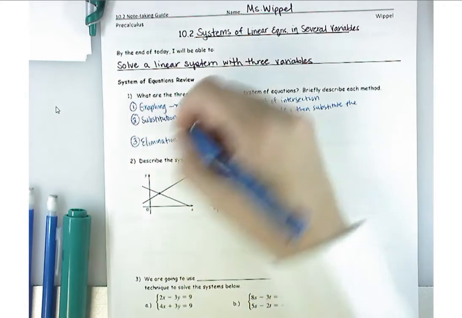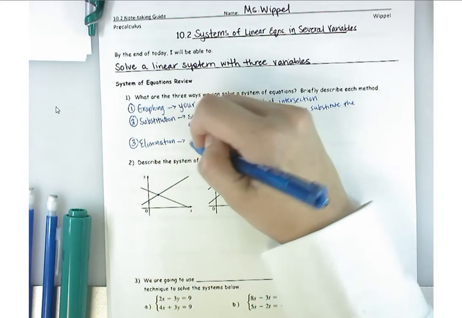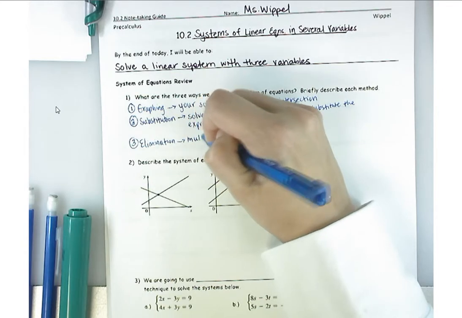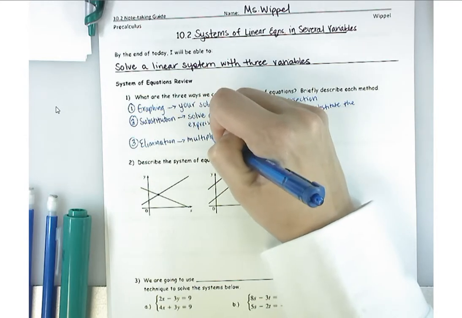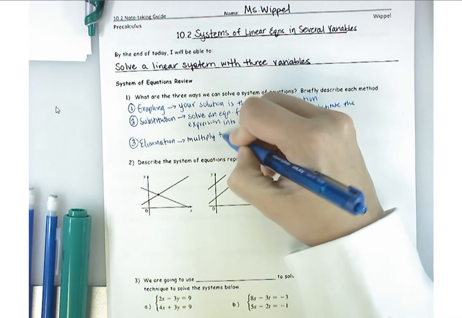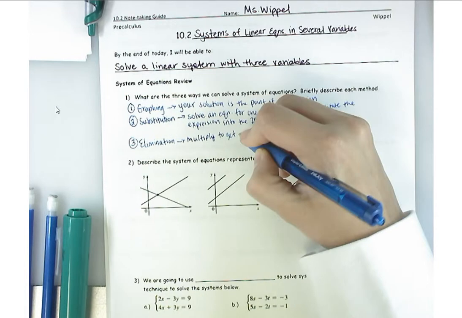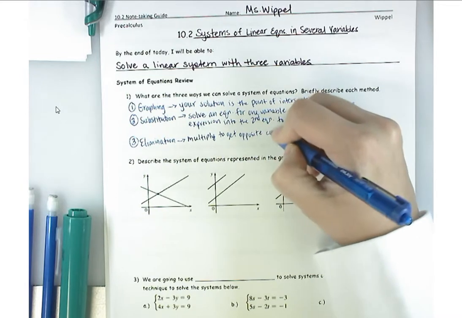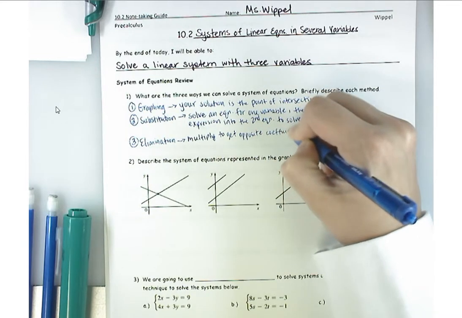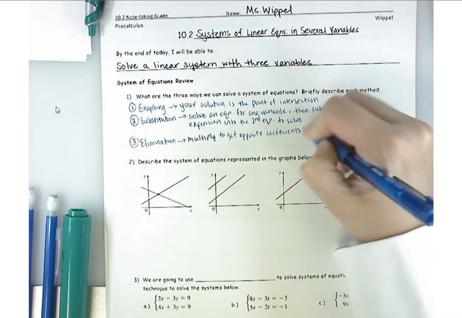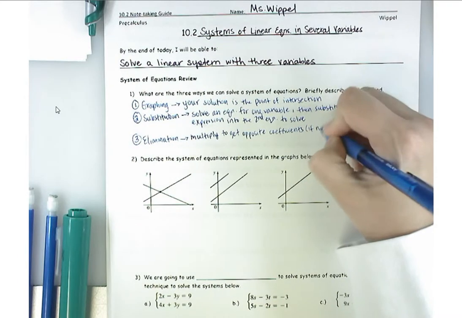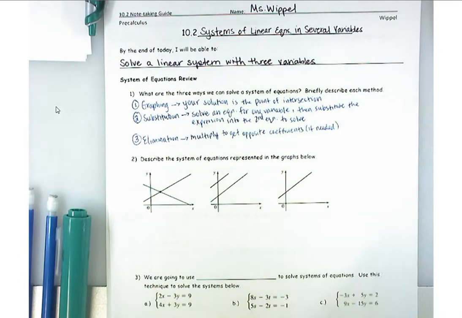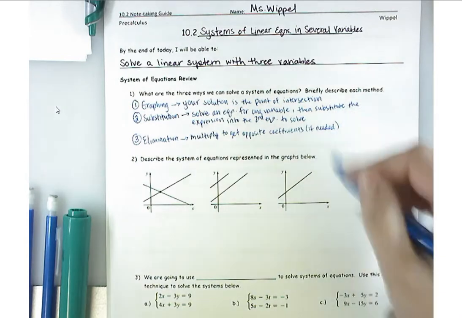Now, sometimes we have to multiply to get these. Sometimes they're already going to be there. So we're going to multiply to get opposite coefficients, if needed. So sometimes they're already opposites, which works out nicely.